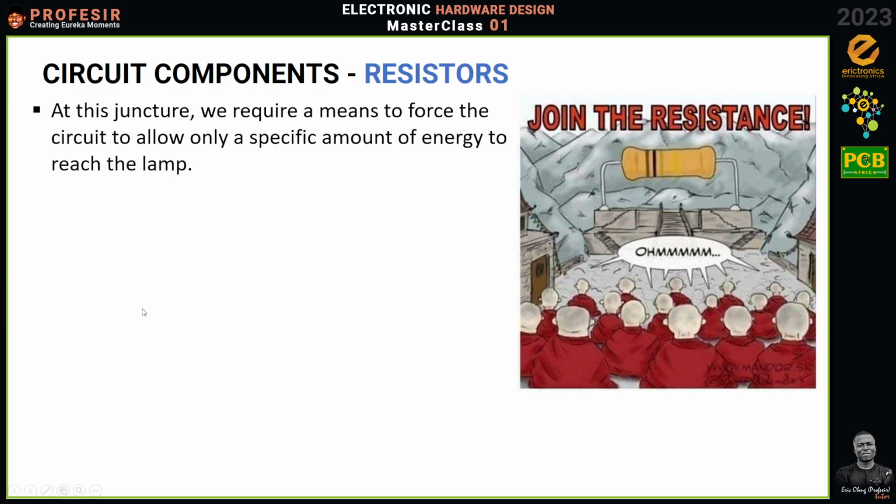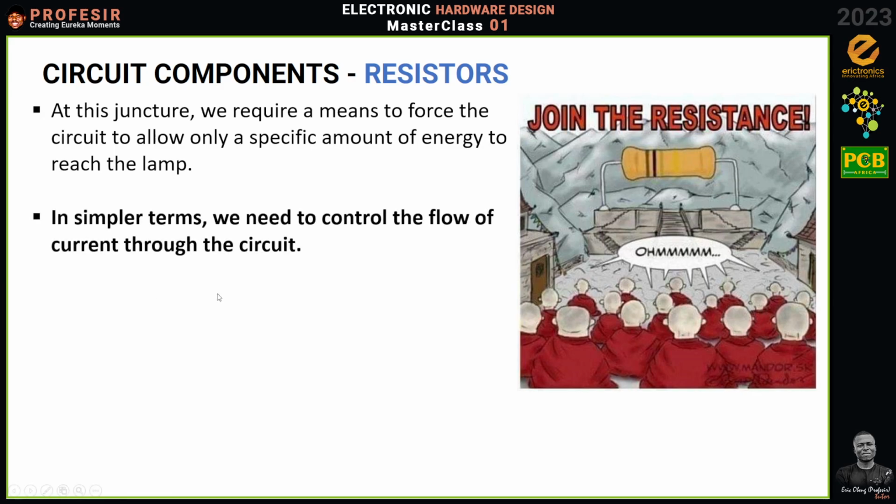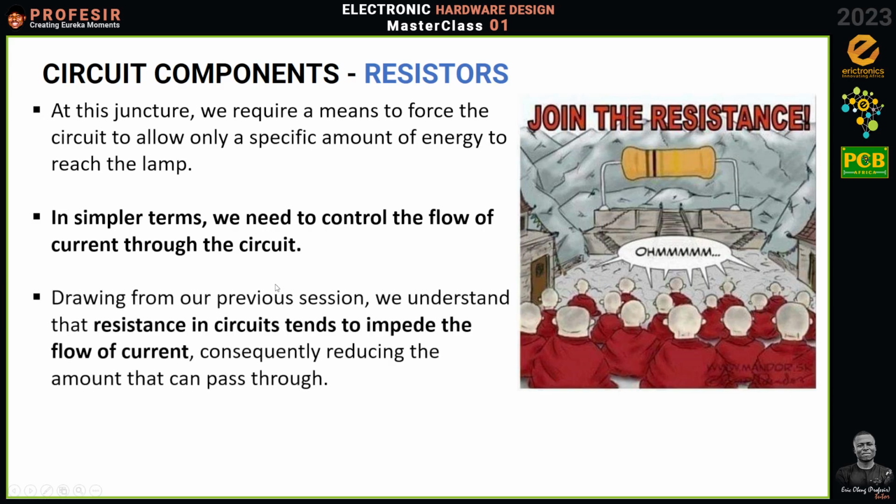Okay, so how would we solve this problem? We simply have to control how much current or how much energy flows to the bulb. So let's go back to the concept that we already know. We know one thing that can impede the flow of current, and for that matter the flow of energy, is resistance, right?